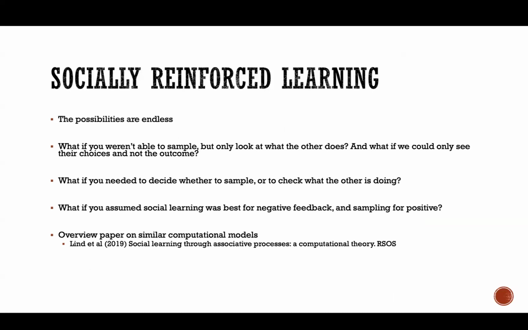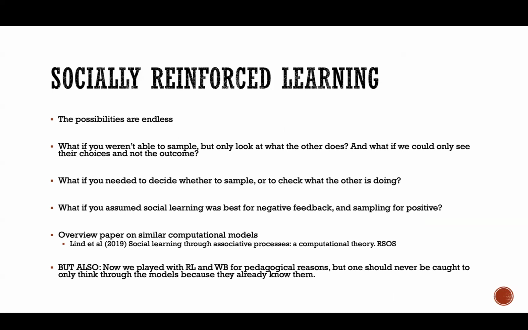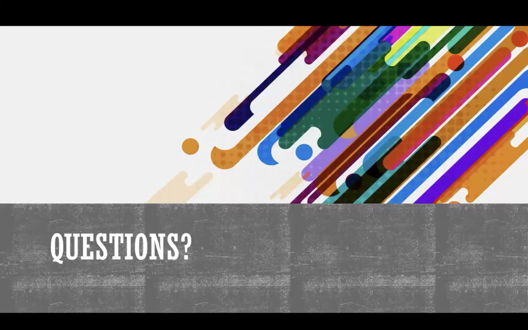There is a paper where they go through a few different alternative models on how to do that: Social learning through associative processes, a computational theory. But also, I just wanted to say that you don't necessarily need to put together reinforcement learning and weighted Bayes just because it's the one that you know. But it was fun to play with both of them since they're the ones you know.